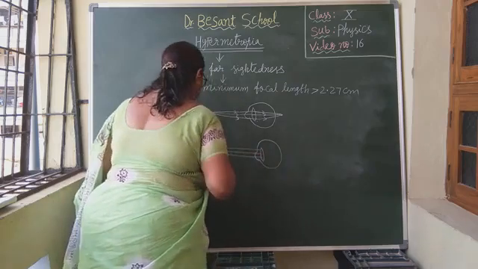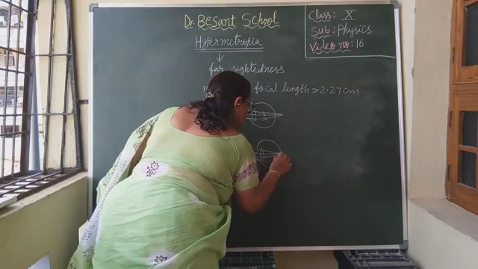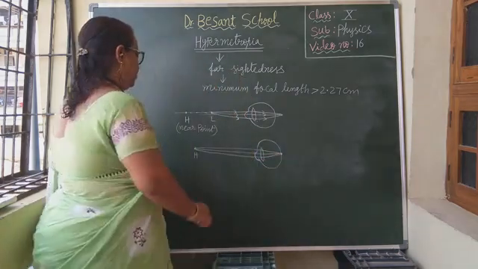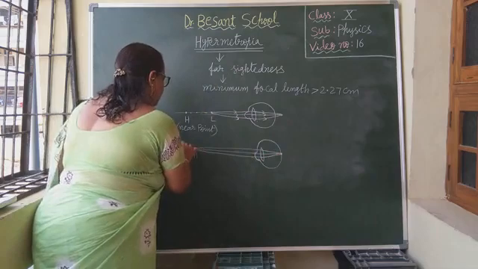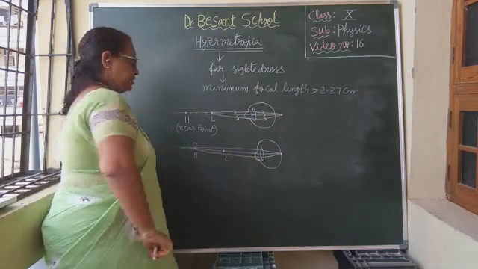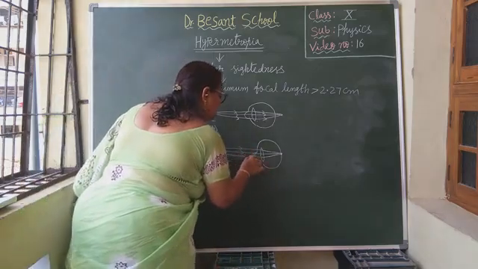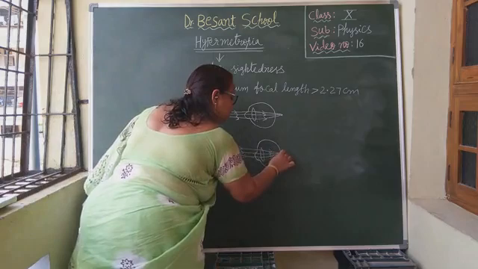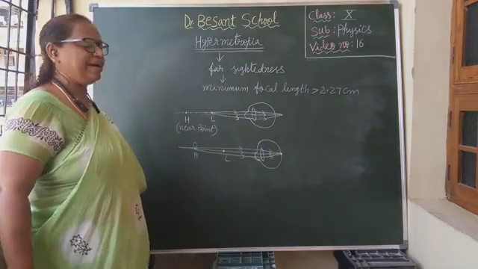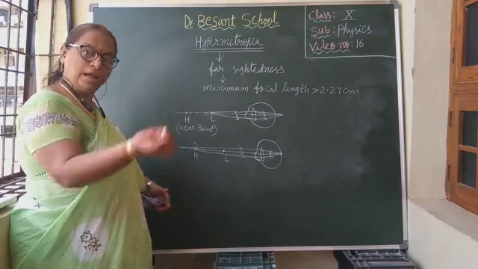Let us consider the object is at H. See where the image is forming. Here is L. The object is placed at H, the near point. Then the refracted rays are converging on the retina, so the image will form exactly on the retina. Clear, children? If the object is at H or beyond H.